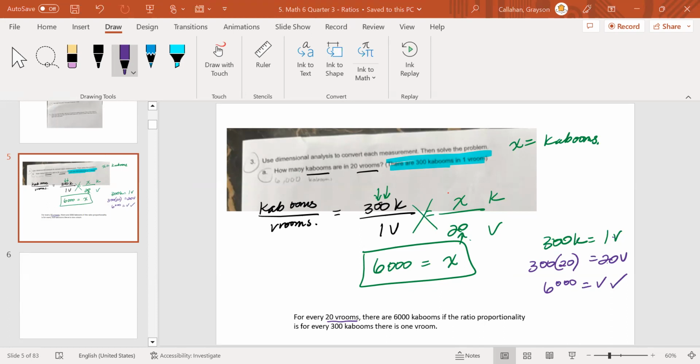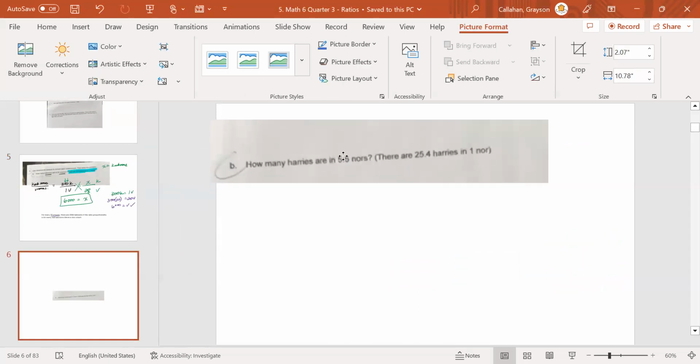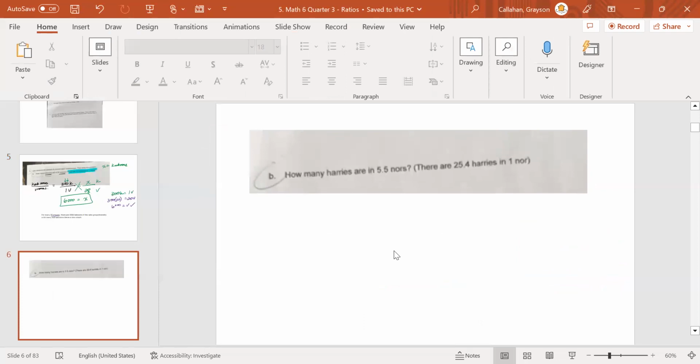Read the second question, please. How many Harrys are there in 5.5 Nors? So here's your ratio proportionality. You want to start with a fraction.